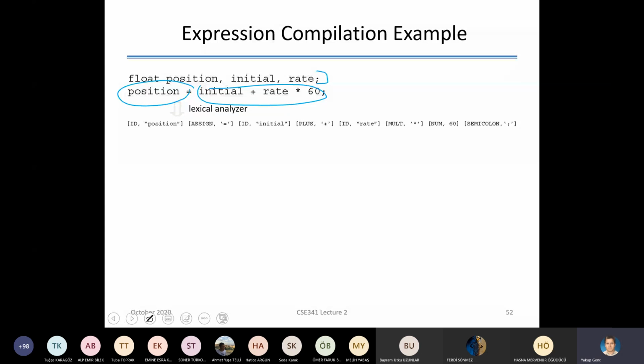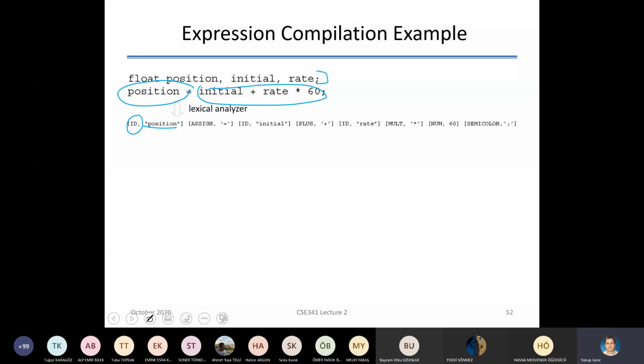So for this particular thing, forgetting about the first line, the second line, when it goes through the lexical analysis, it will generate tokens. And so the first token is going to be an ID because position is an ID. Usually, when we generate these tokens, we also keep their original identifier name as part of the data so that we can refer to that later on and get the actual meaning out of it.